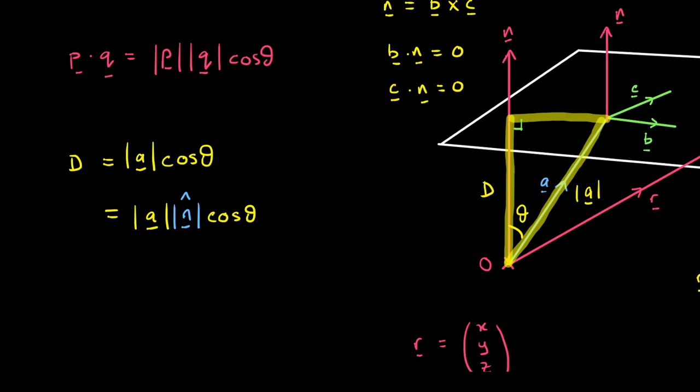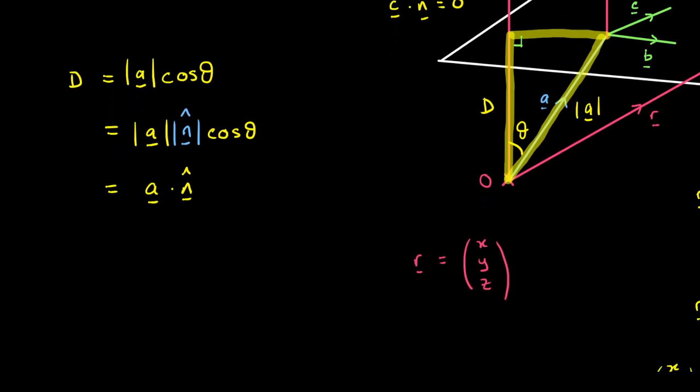And so if I look at that, I can say, wait a second, this is the same thing as A dotted with n hat, because here I've got the magnitude of A, the magnitude of n hat, and the cosine of the angle between them. So this is just A dot n hat, which is the same thing as A dotted with n divided by the magnitude of n, because the way to get the unit vector is to take the vector and divide by its magnitude.